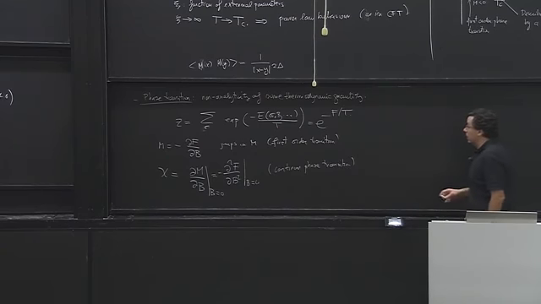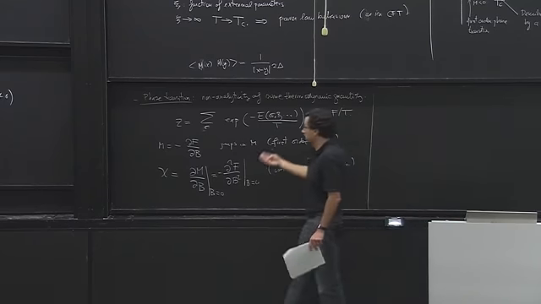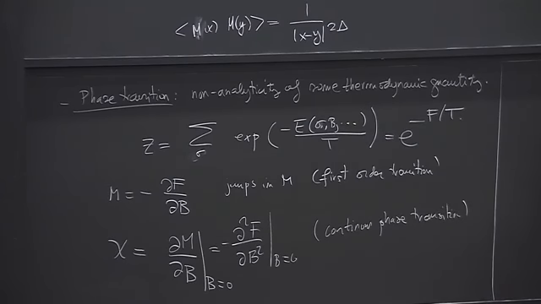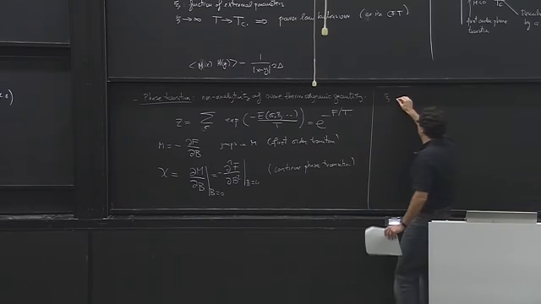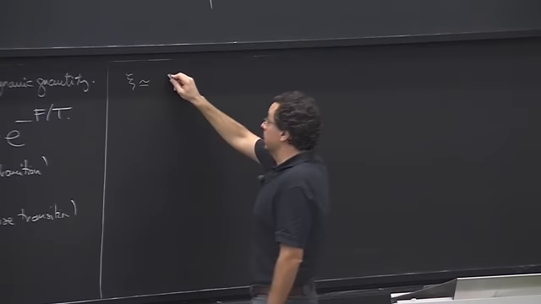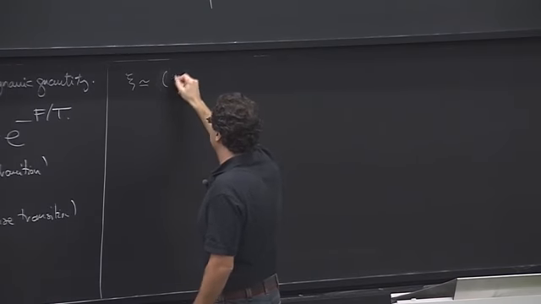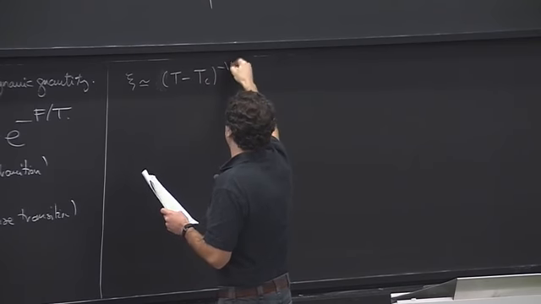So now we want to characterize the behavior of these physical quantities near the critical point. Okay. So near the endpoint of the line of first order phase transitions. As I said, near the critical point, the first physical thing that happens is that the correlation length goes to infinity. So just from that, you know that it has to have the following scaling behavior. It has to blow up as a function of t minus tc to some negative power nu.